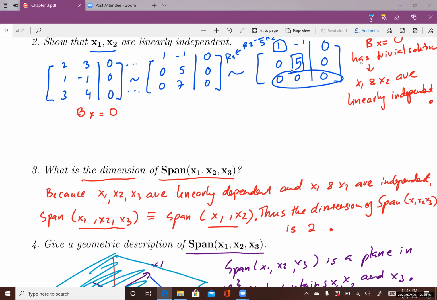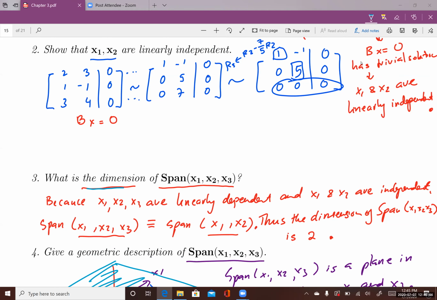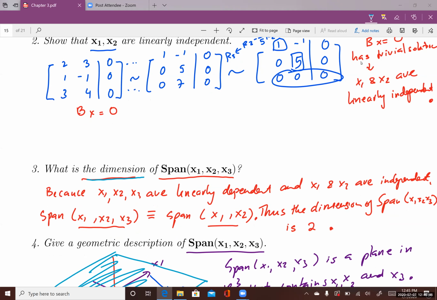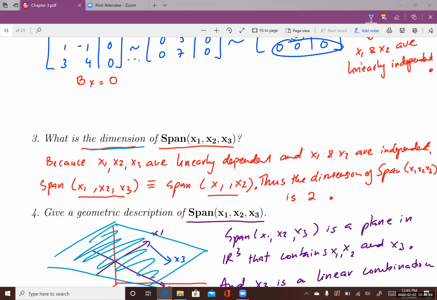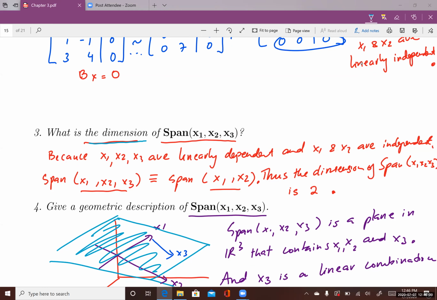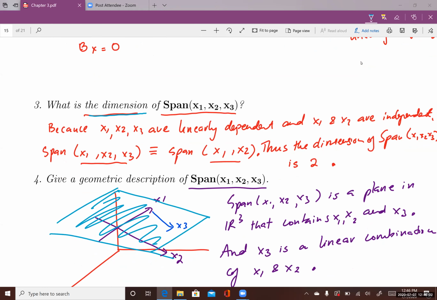You determine the dimension of a space using the least number of vectors that span the entire space. In this case, you only need x1 and x2 to span the space of x1, x2, and x3. So the dimension is 2 because this is the minimum number of vectors that you need to span this space.